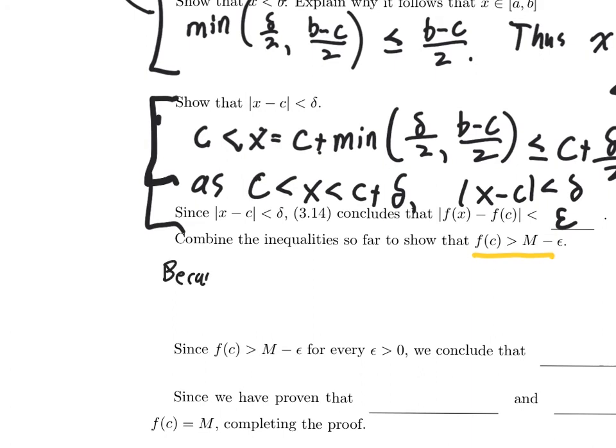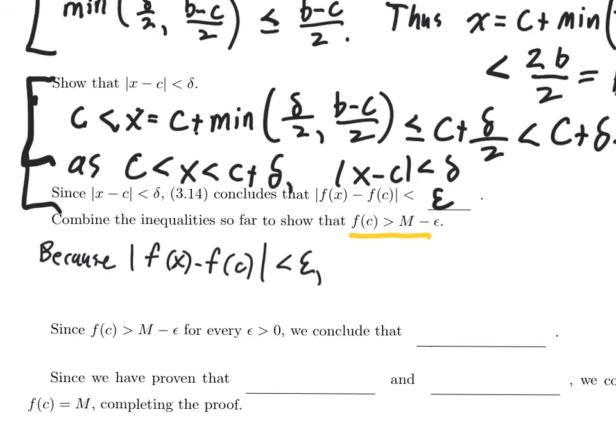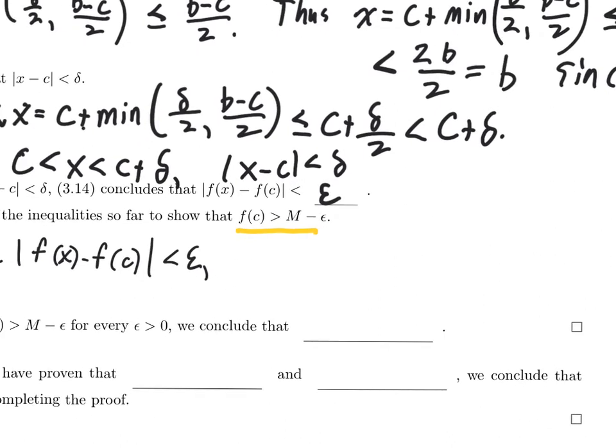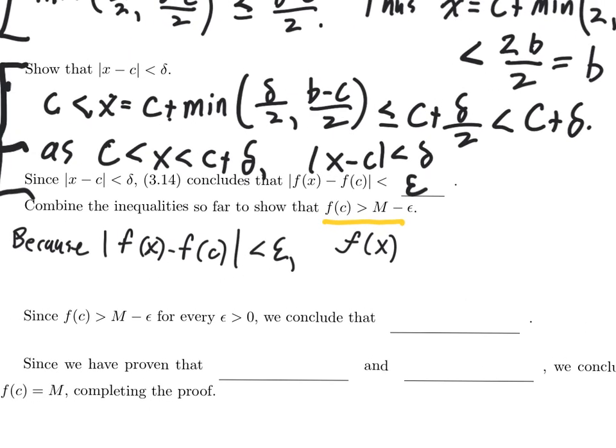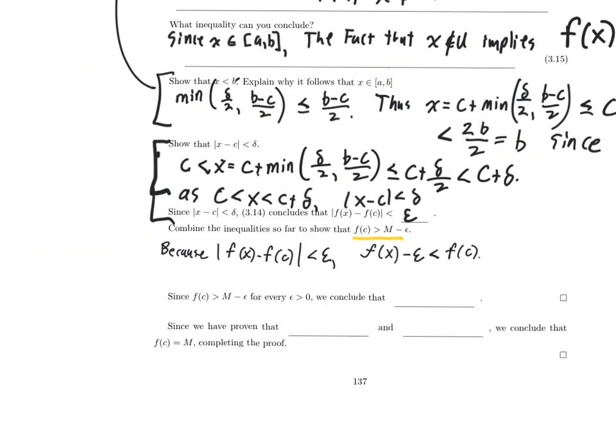Because the absolute value of f of x minus f of c is less than epsilon, I certainly get that f of x minus epsilon is less than f of c. And that's all I'll need. I know there's more, but that's good enough.